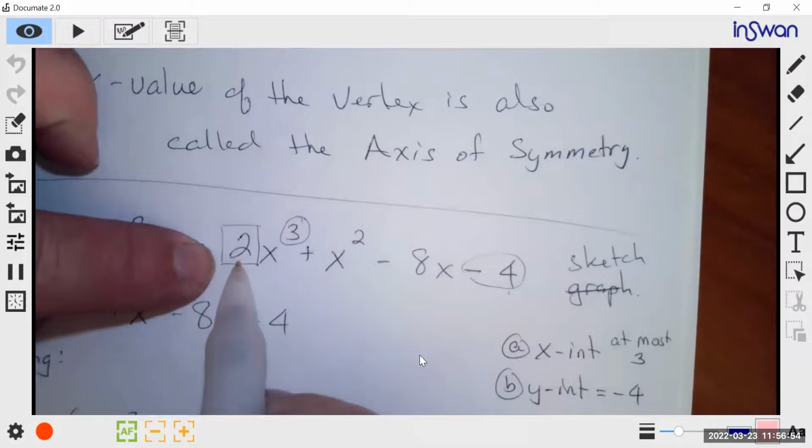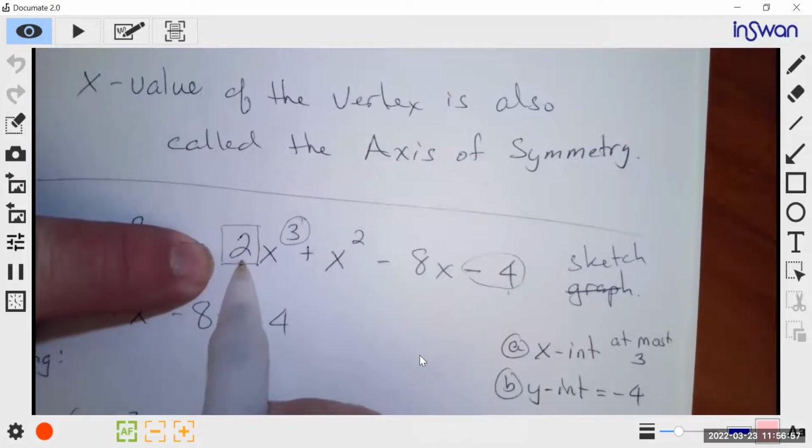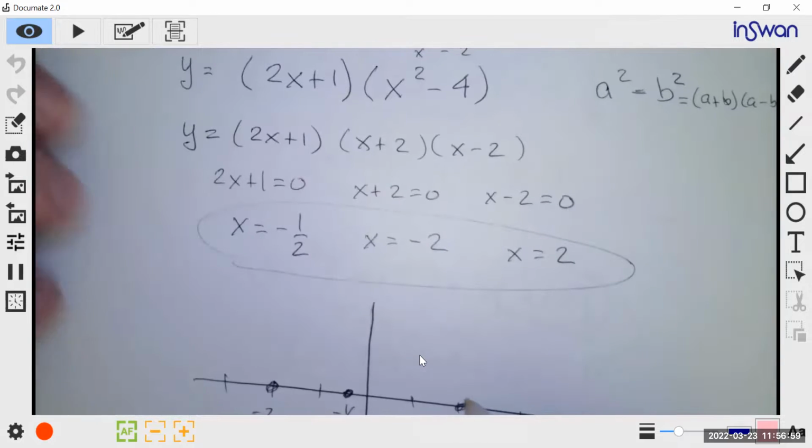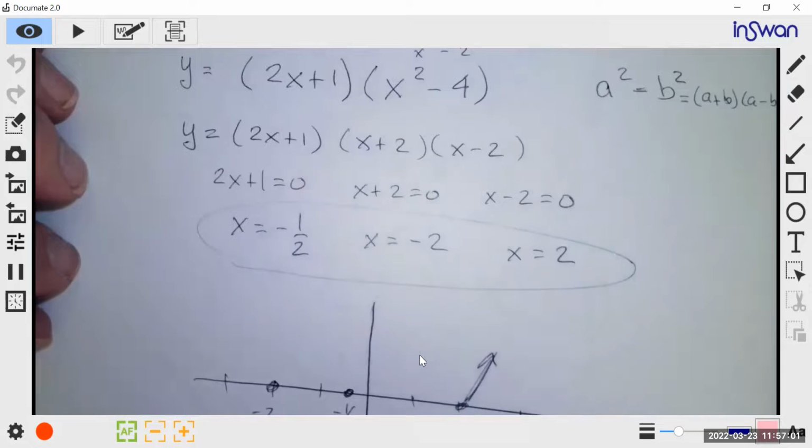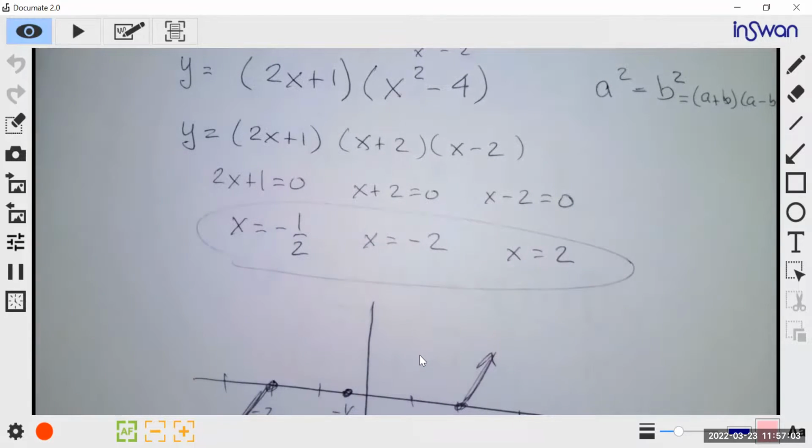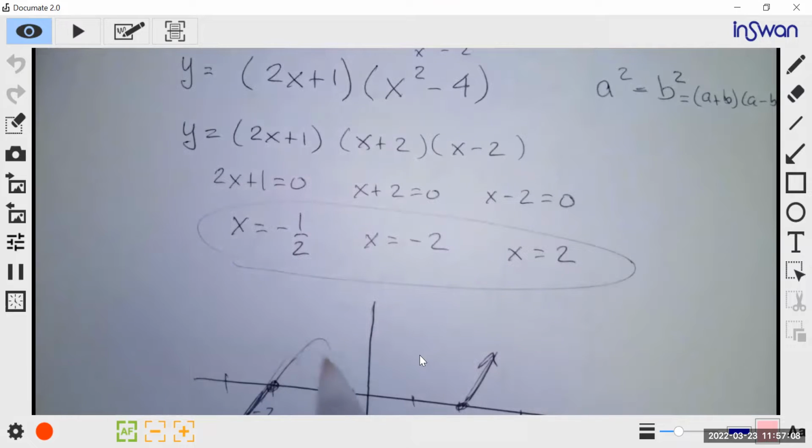Since a is positive, the leading coefficient is positive and it's odd, that means on the right-hand side, it goes up. On the left-hand side, it goes down. So the graph will look something like this.